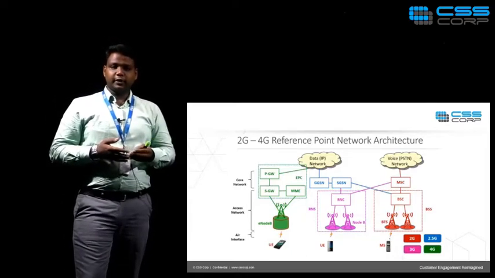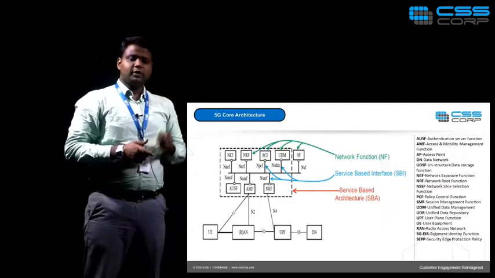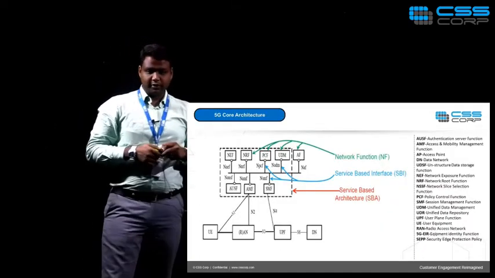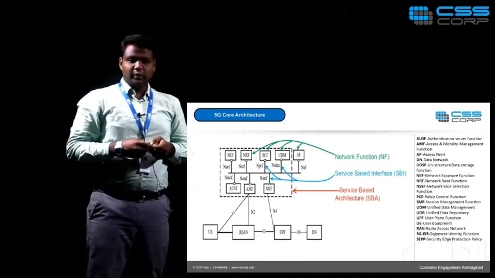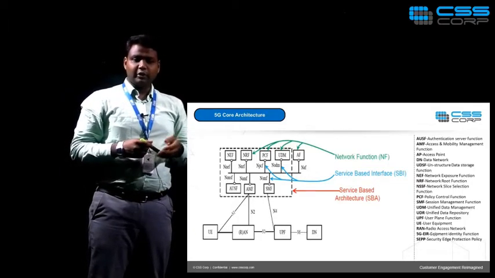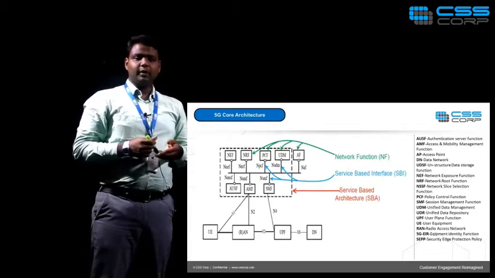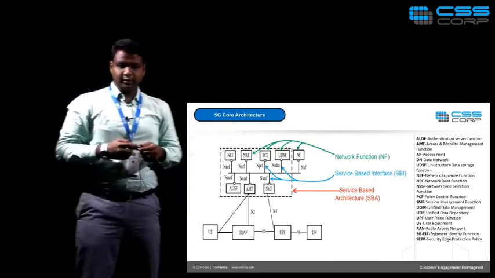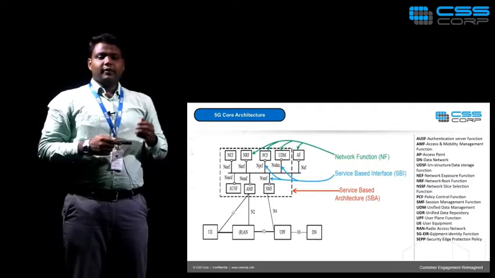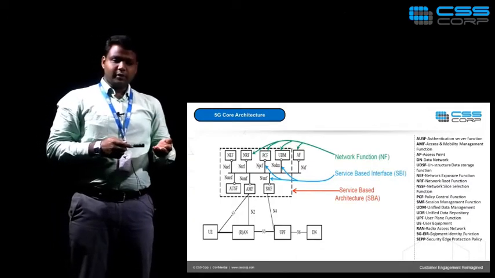Let's look into the 5G architecture now. So this is a 5G core architecture. In this we have three elements. First, network functions, which are NEF, NRF, PCF, UDM and AF, also AUSF, AMF and SMF. And we have service based interfaces.